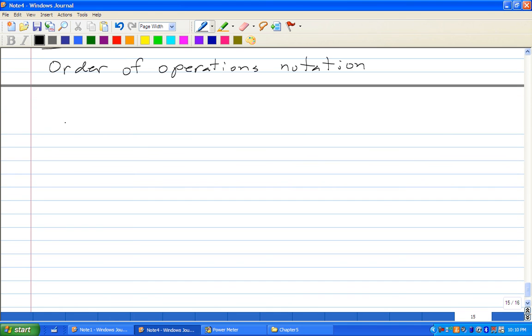So if I had something like 2 to the power 2 to the power 2 to the power 2, etc., the question is, what would that equal?